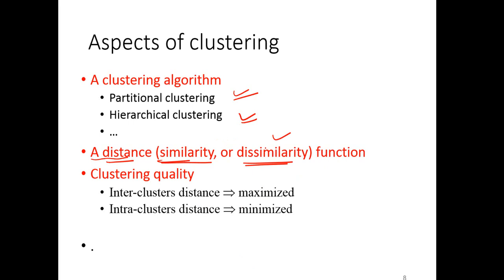So distance is a very important thing, and we need to use a distance function to calculate the distance between different points. What is more important for us is to know the inter-cluster distance and the intra-cluster distance, that means the distance between points of two different clusters, and the distance between points within a single cluster.